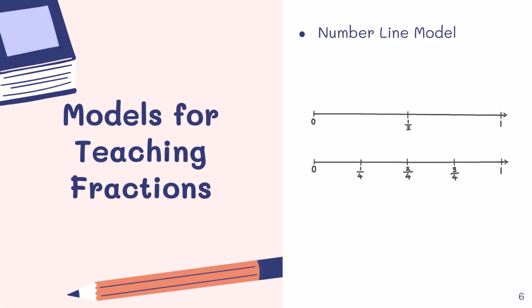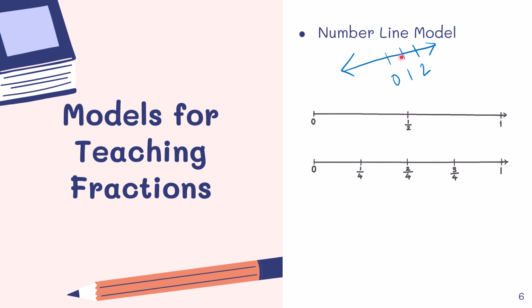The number line model is also useful for introducing fractions. It introduces the concept that every time we've drawn a number line in the past, we put 0 in the middle, and then 1 and 2 and so on, but there are really numbers in between that we're not writing down.